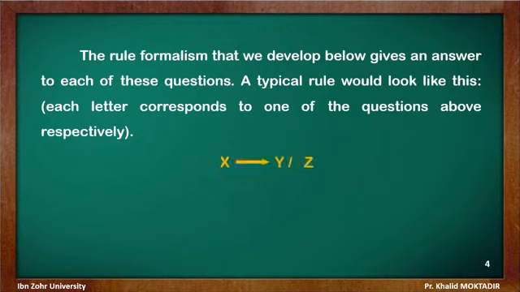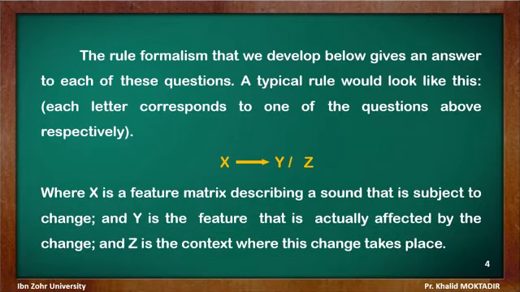The rule formalism that we present below here is an answer to each of these questions. A typical rule would look like this. Each letter corresponds to one of the questions above. In other words, X is going to be what changes, Y represents how does it change, and Z represents when does the change take place?